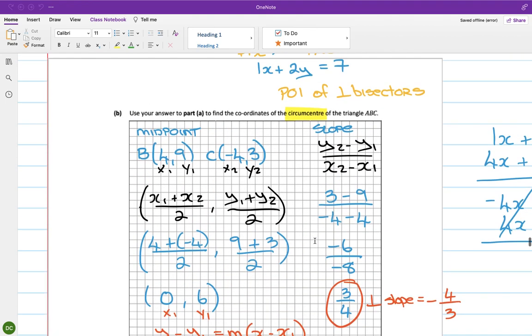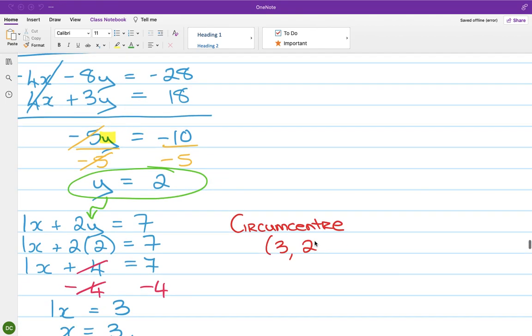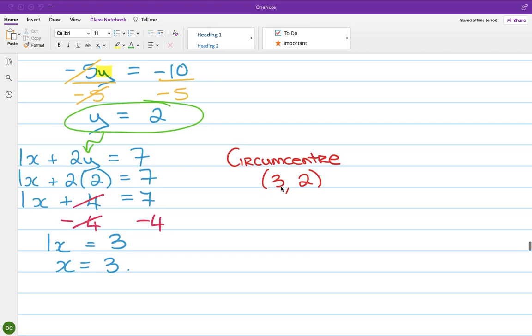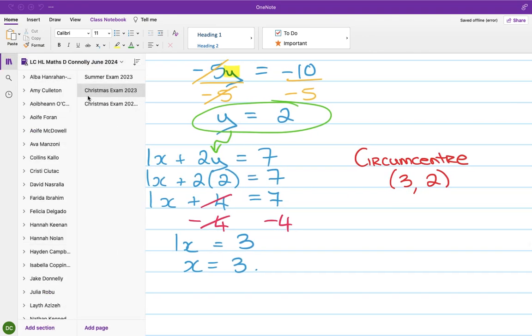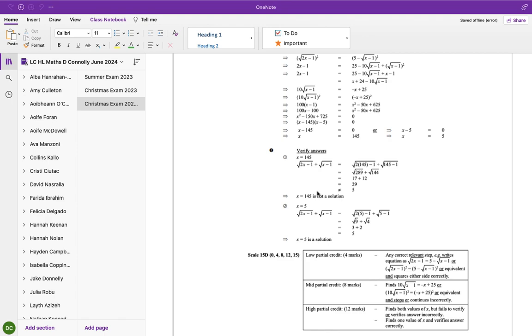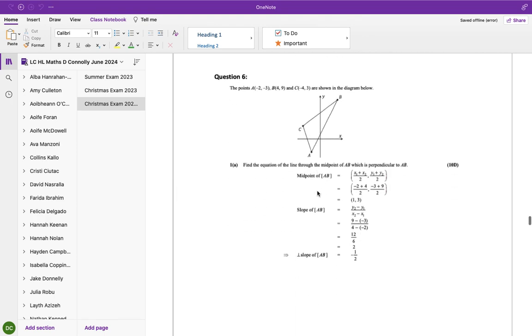So what's the question? The coordinates of the circumcenter. So the coordinates of the circumcenter is the x is 3 and the y is 2. Oh, I didn't check any of these. Okay, so this one was find the equation of the line.